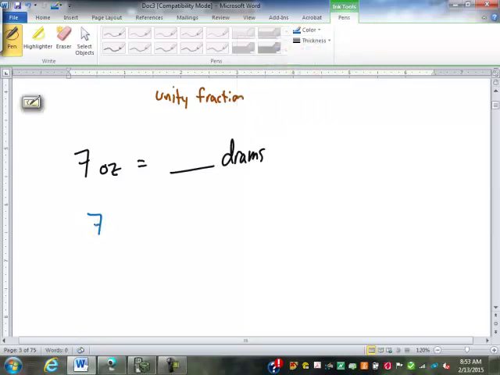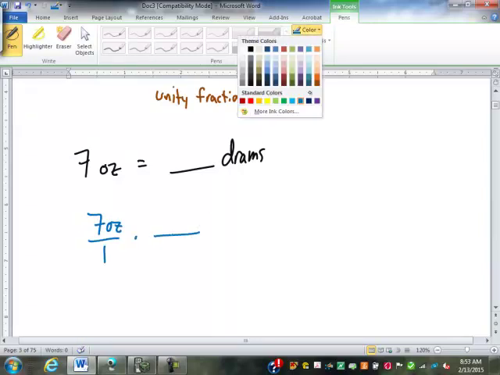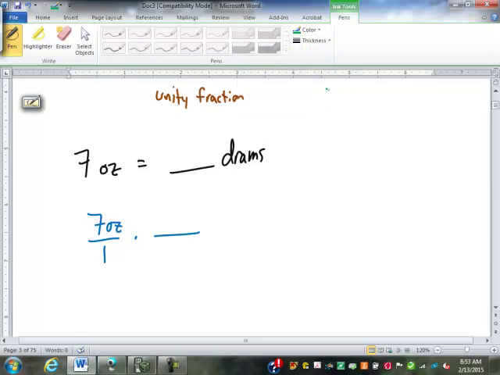Well, we're going to put the ounces in a fraction again. In my conversion factor, for right now, let's not worry about any numbers. Let's just worry about units. I always do the bottom of the conversion factor first because that usually makes more sense.